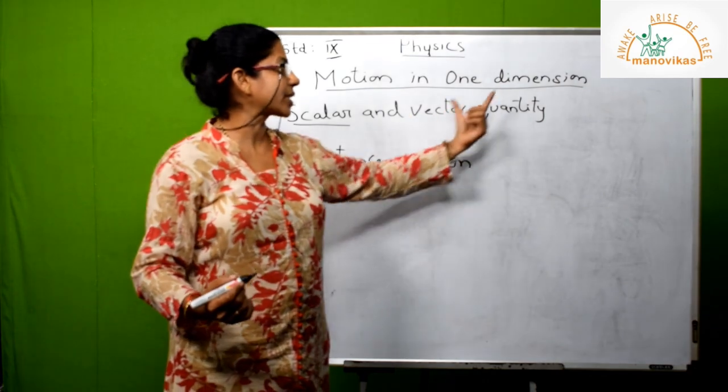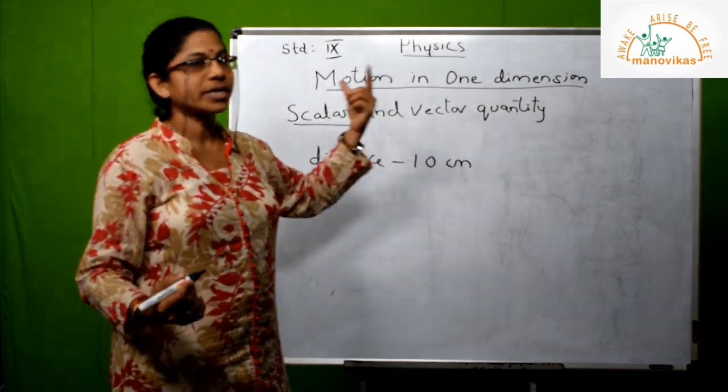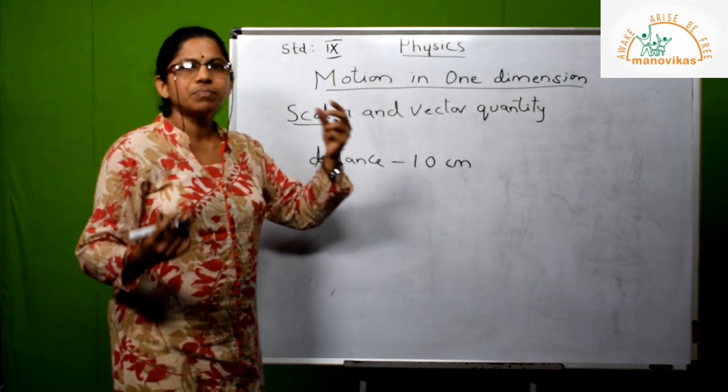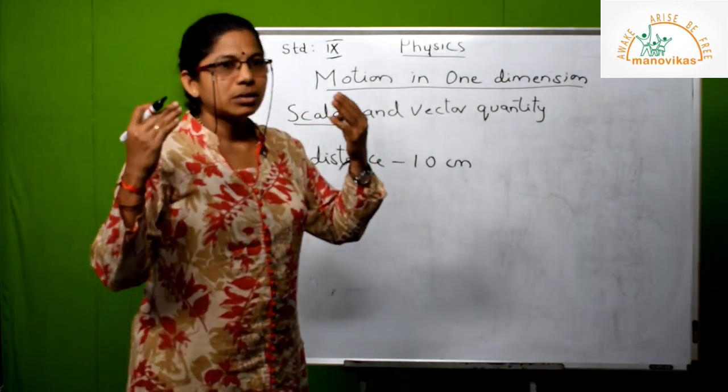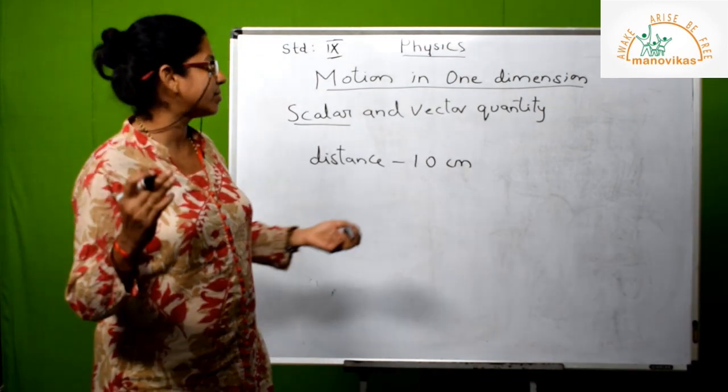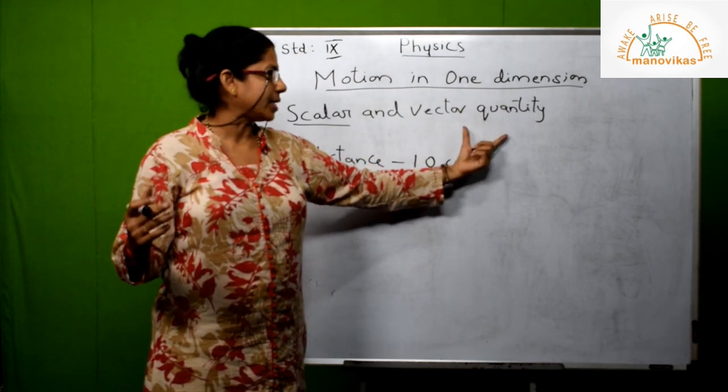Next is vector quantity. What is a vector quantity? Suppose along with the magnitude, direction also is given, then you call such a quantity a vector quantity.